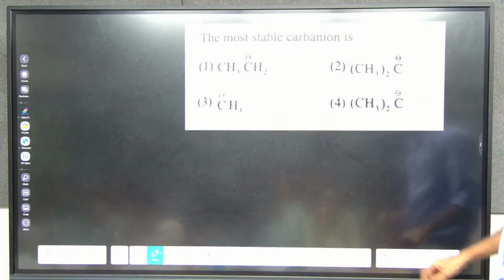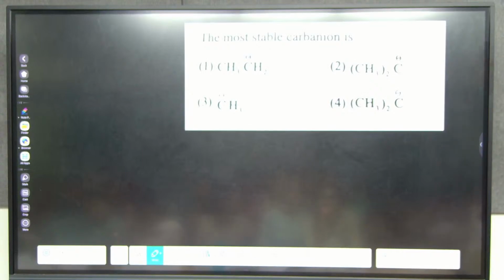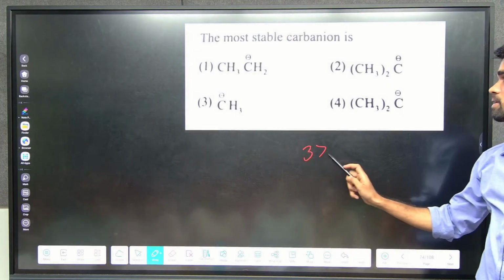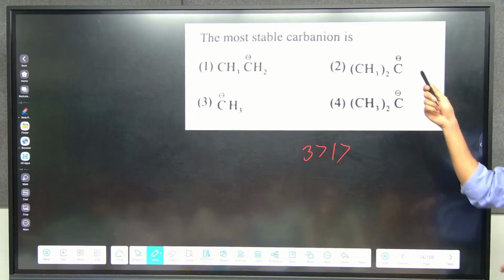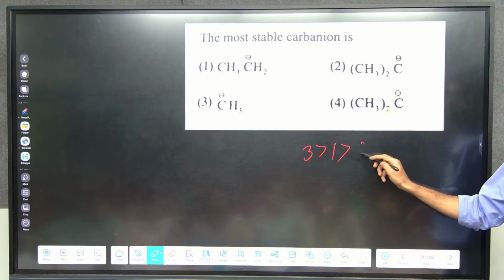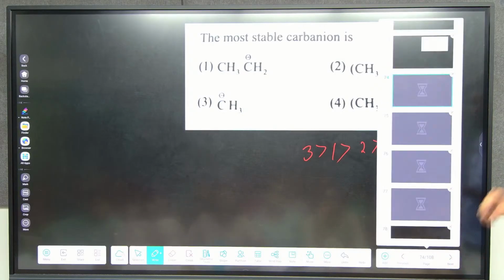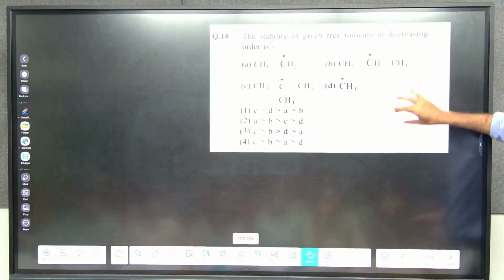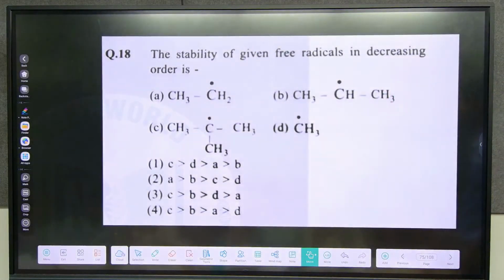What is the answer for this question? Tell me. Most stable carbon anion. Third one. If I ask for the order: 3 is more stable. Both are the same, no? Let us change this to 3, 2, 4. Okay. Next, free radicals.